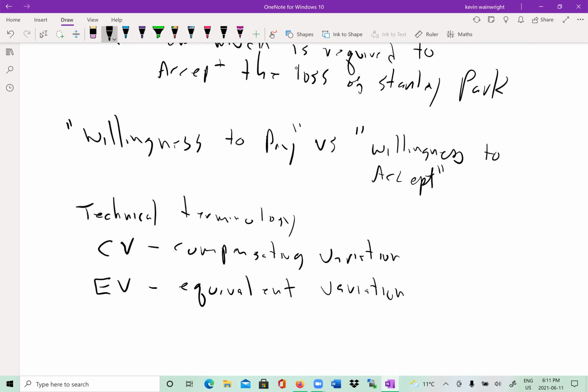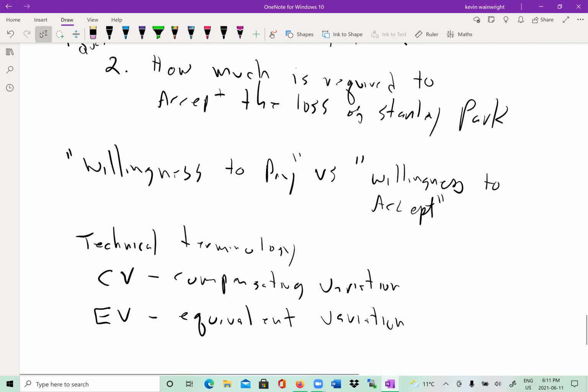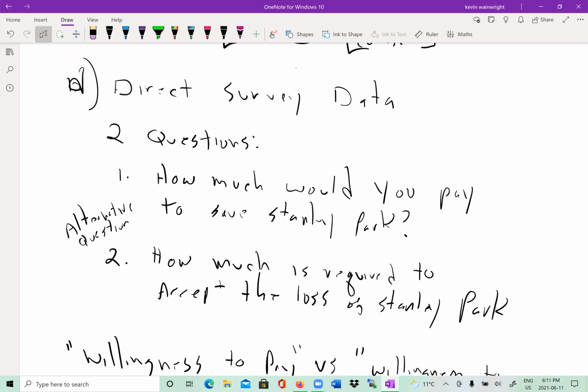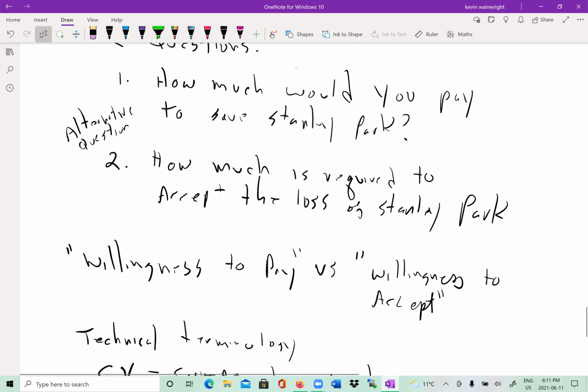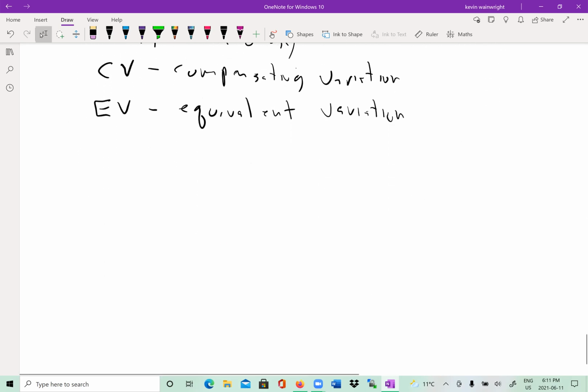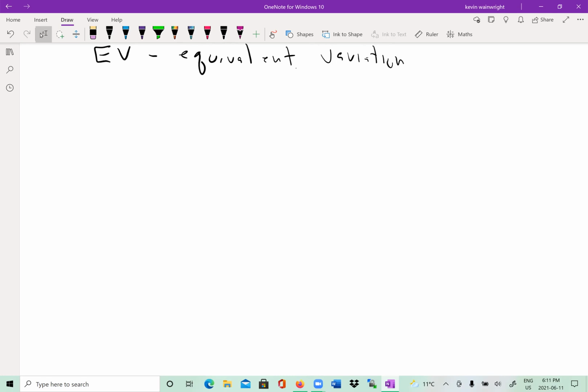Okay. Now, the interesting thing is both of these questions are designed to give us a value of Stanley Park. The problem is they are two different questions, and quite often they have two different answers. And before you ask about it, this is independent of people's willingness to lie about how much they value a park.